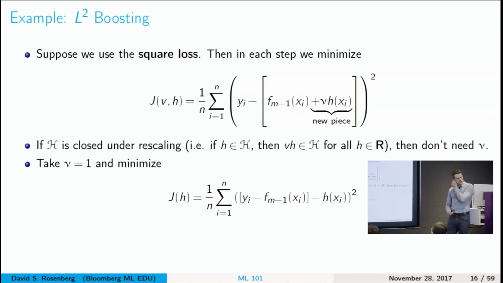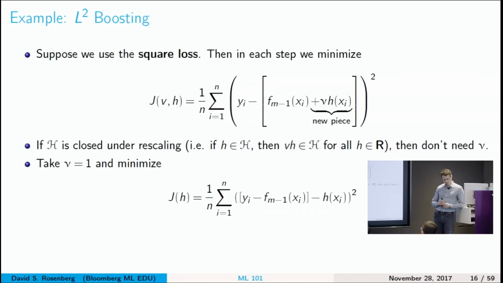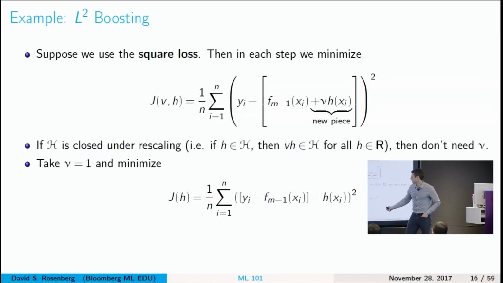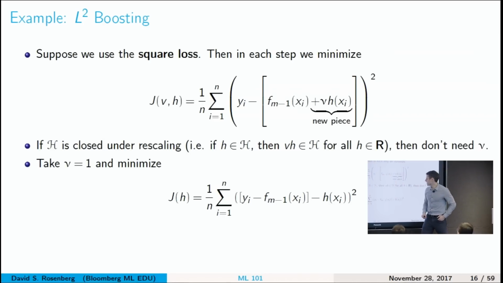Now, study this for a second, and you see how you might interpret that objective function. Well, first, how would you interpret yi minus f_{m-1}(xi)? First, what's f_{m-1}(xi)? Let's start there.